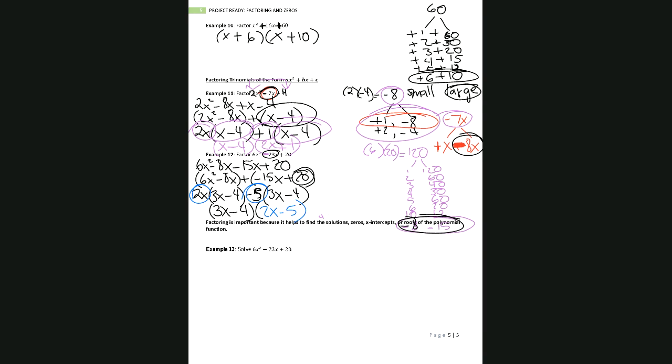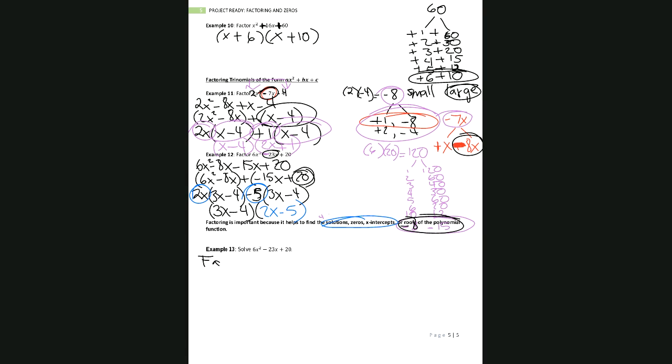Now for this last one, we're going to go ahead and make that transition to find the solution, the x-intercepts, and perhaps we can list the factors as well. Now, if you notice, we have the same polynomial, so we already have the factors here, and this is probably the most important part of this lesson.